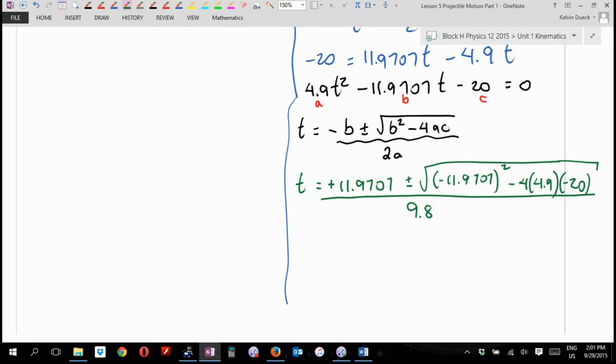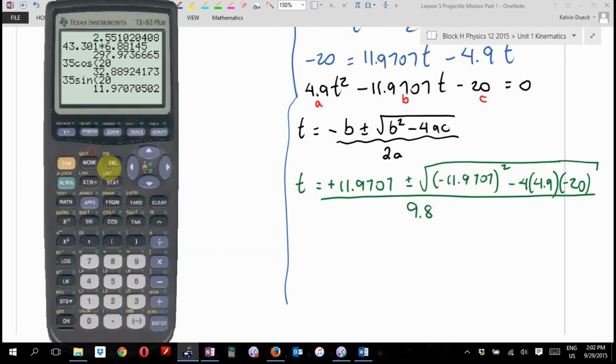Now what did I say? I told you I evaluate what's inside the square root first. So I'm actually going to go bracket negative 11.9707 close bracket squared minus 4 times 4.9 times negative 20.